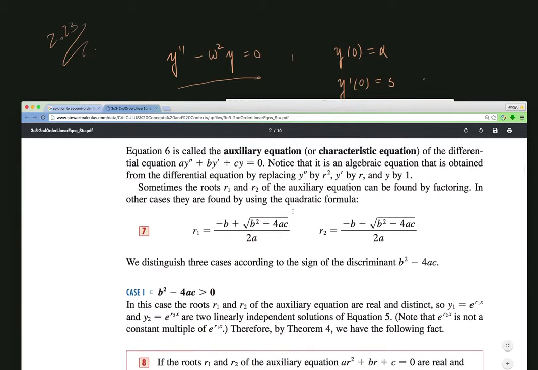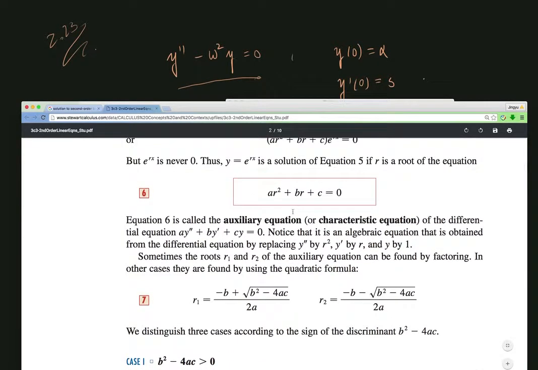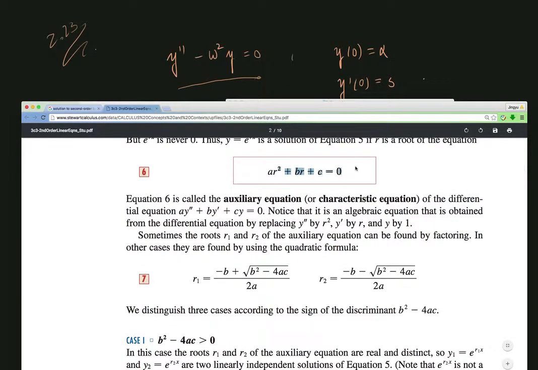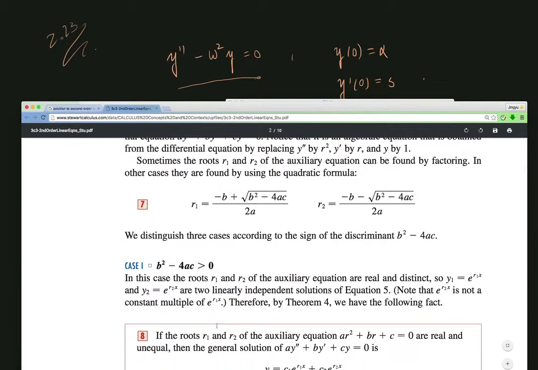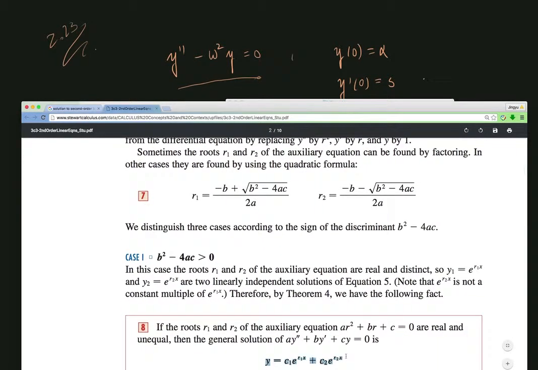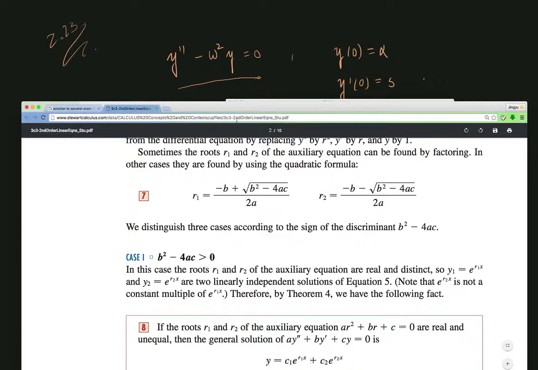And what's the auxiliary equation? They call this the auxiliary or characteristic equation of the differential equation. So I have A times R squared plus BR plus C equals 0, and I want to find the two roots of this. In the case that both roots are real and distinct, then this expression here will be the solution to my differential equation.